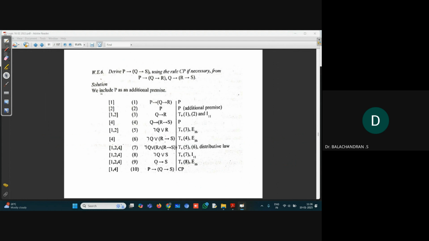Negation of negation Q implies S. So I got Q → S using the two given premises and the additional premise P, and hence we get P → (Q → S) from the set of premises alone. So that is rule CP.